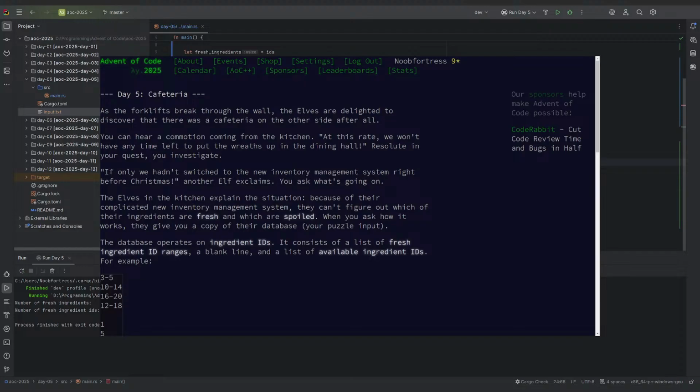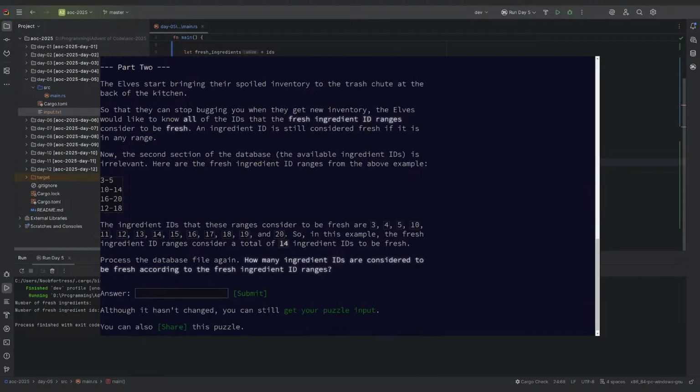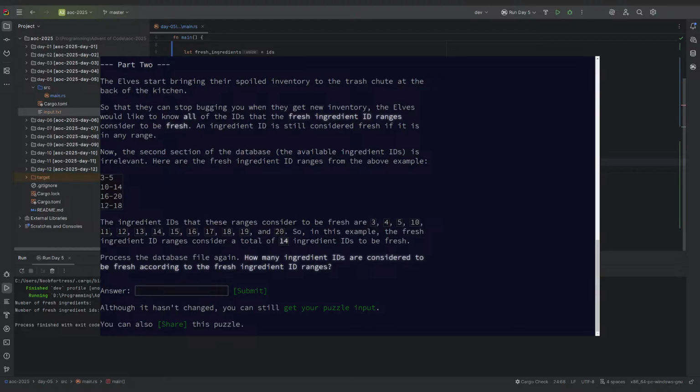Oh, that's less than optimal. So why is that? Because now overlapping does matter a lot. Oh no. So I am gonna have to deal with overlapping ranges.